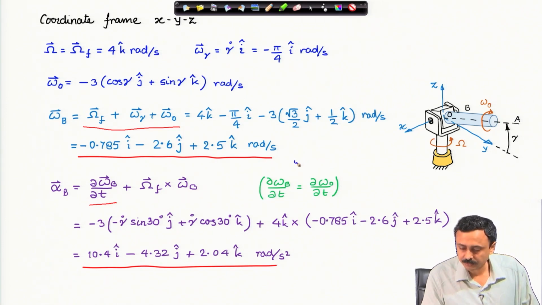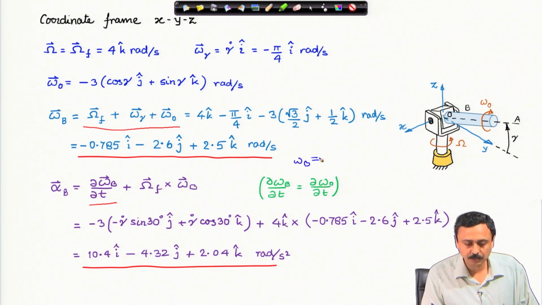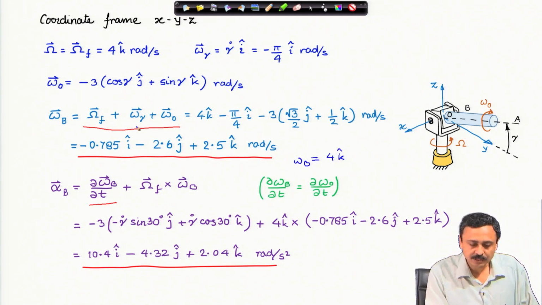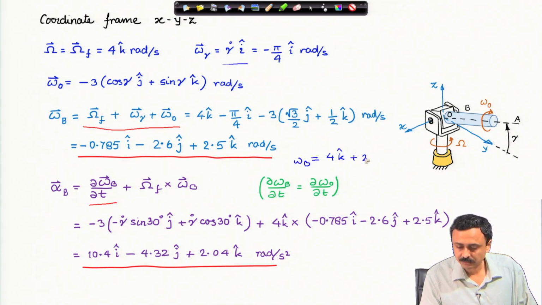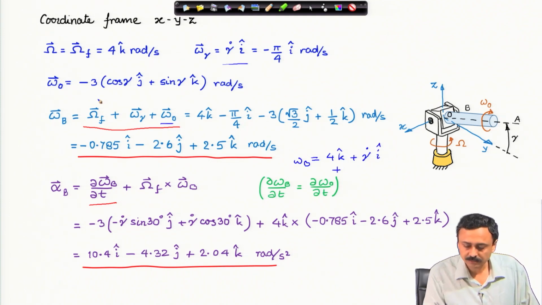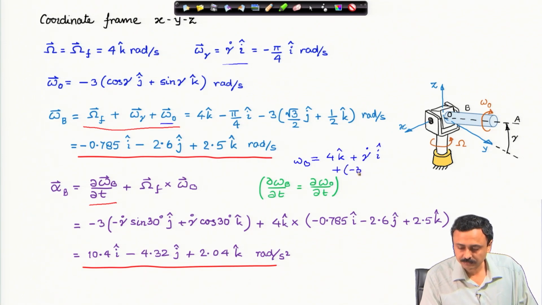Omega of the body is equal to omega frame, which is 4 k cap radian per second, plus omega gamma, which is gamma dot I cap, plus omega naught. Omega naught is minus 3 times cos gamma j cap plus sin gamma k cap.